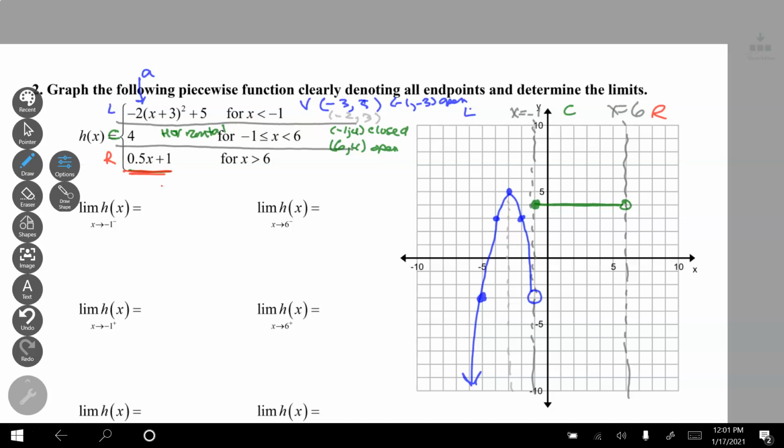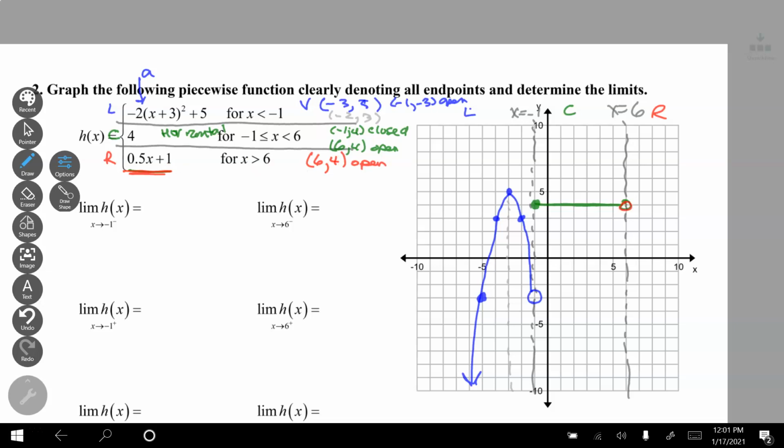Now, normally when you graph this line, you would start at y-intercept of 1 and go up a half, or 1 over 2. But I can't do that because this right piece starts at x equals 6. So I'm going to plug 6 in here. 6 times a half is 3 plus 1 is 4. But it's not including 6, so 6, 4 has to be an open dot. I already have an open dot here at 6, 4.